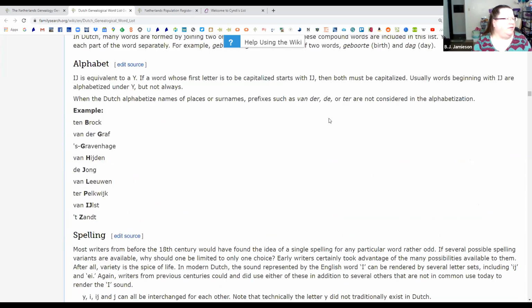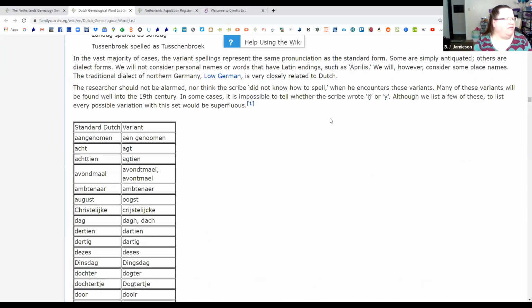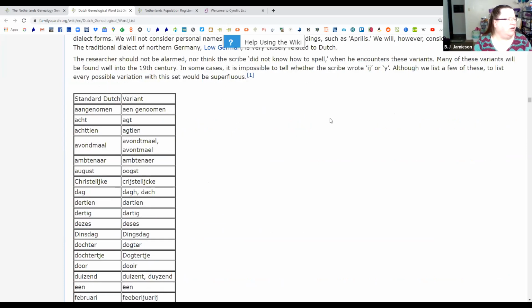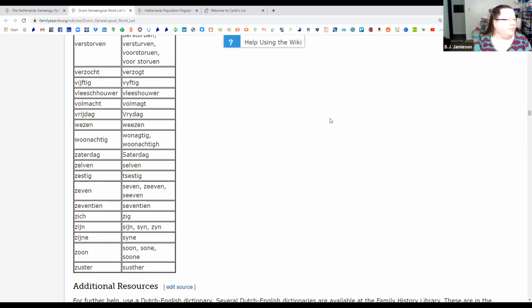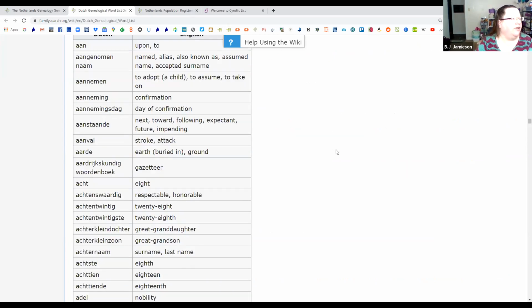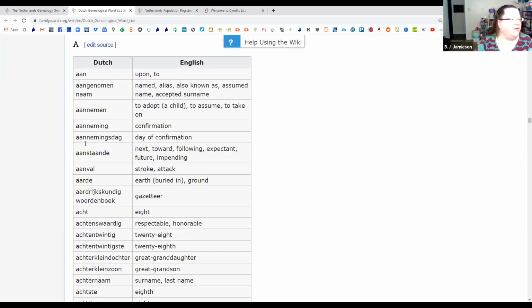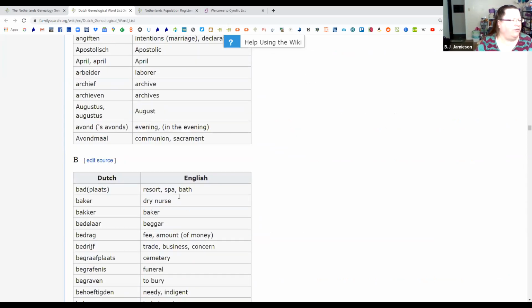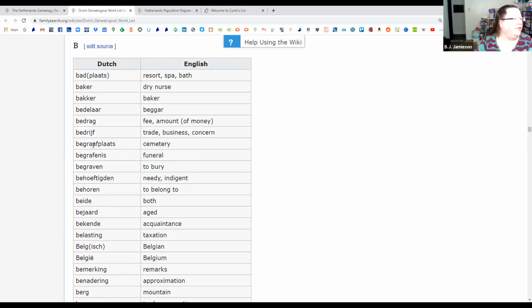And then a bit about the language itself. And then here's the alphabetical word list. And so if you find a word you don't know, you can come and look and say, well, bedelaar is a beggar, if that's mentioned for your ancestor.